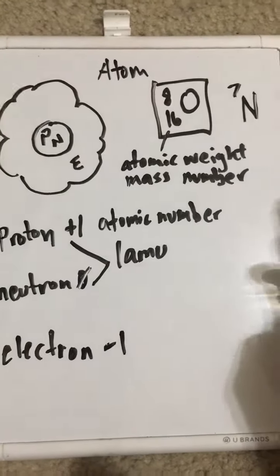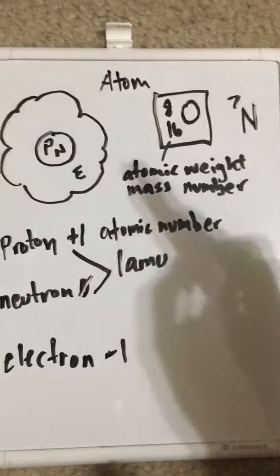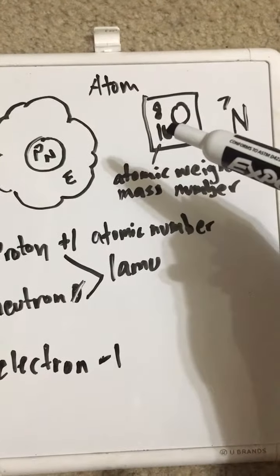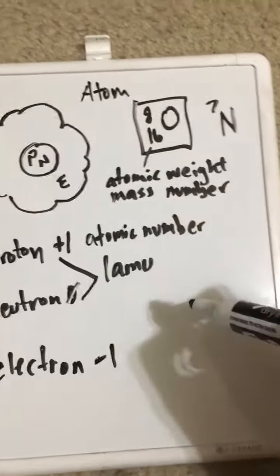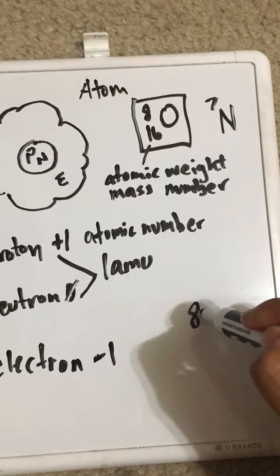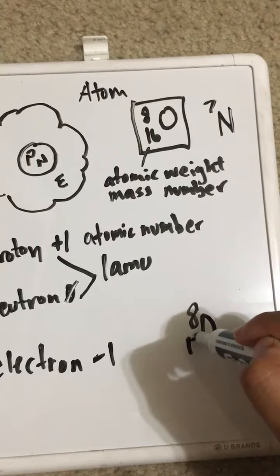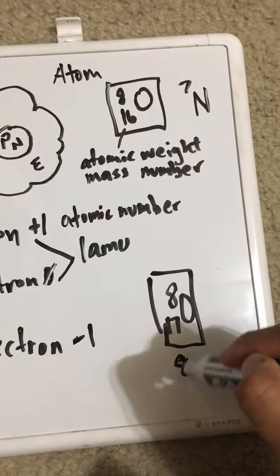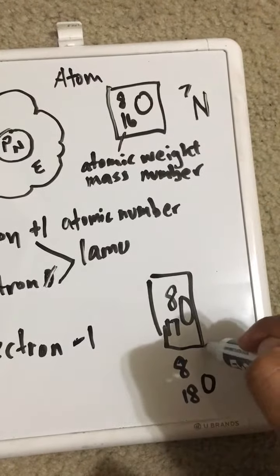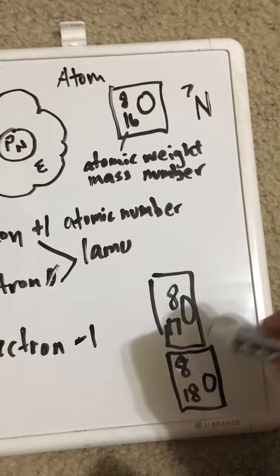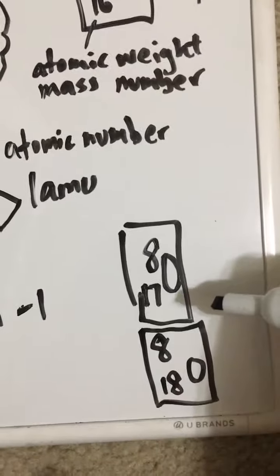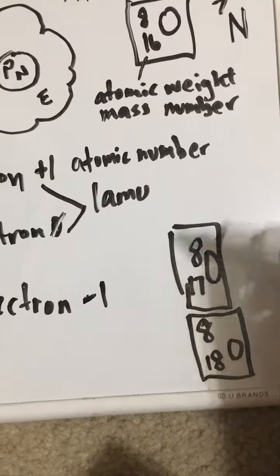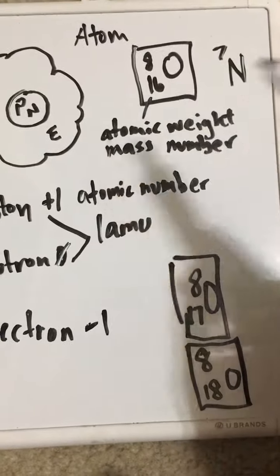And so what if an oxygen has the atomic weight or mass number of, let's say, 17 or 18? So let's write it here. How can that be? That means that there are more neutrons inside the atom than there would normally be.